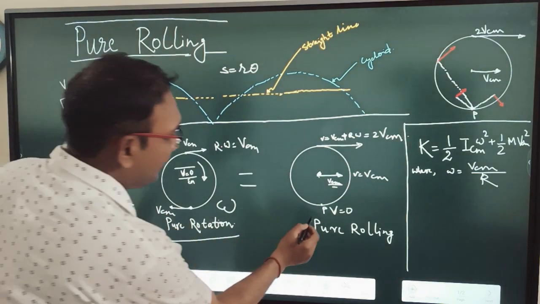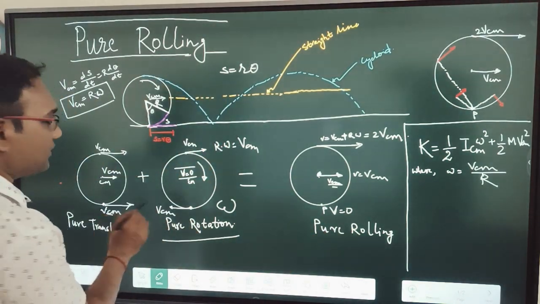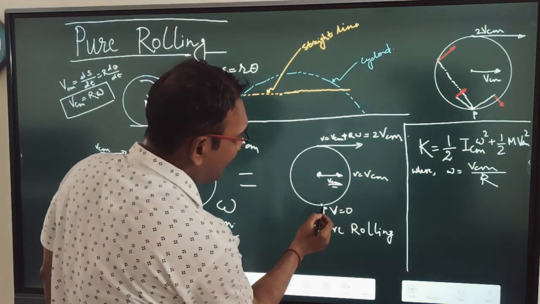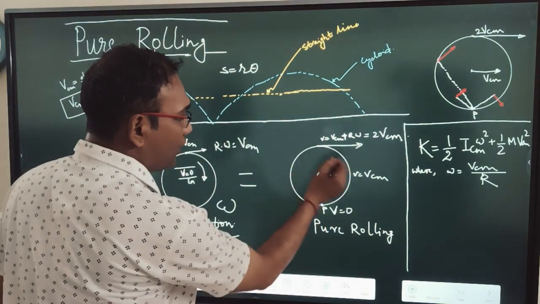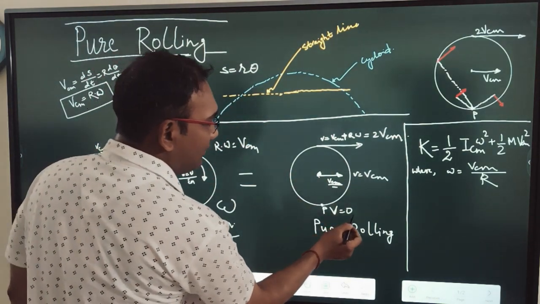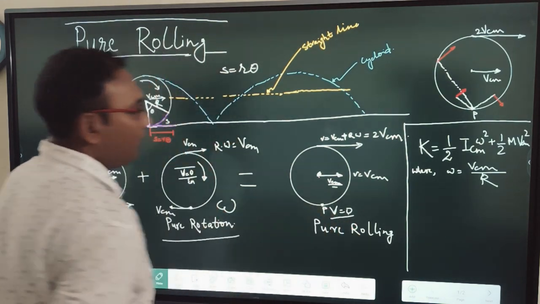If you add V_CM in this direction and V_CM in the opposite direction, the net velocity V is equal to 0, because they have opposite directions. So the bottom of the tire, the bottom of the disc, is at the instantaneous rest position. This point has v equal to 0.